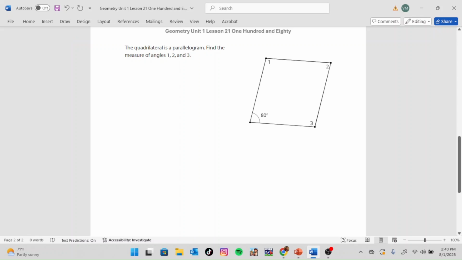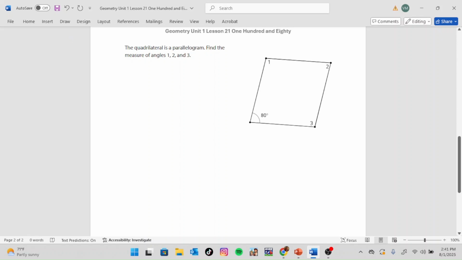It says the quadrilateral is a parallelogram. So each opposite side lines are parallel to each other is what they're telling us. They give us one angle. The bottom left angle is 80 degrees. And they want us to find angles 1, 2, and 3.